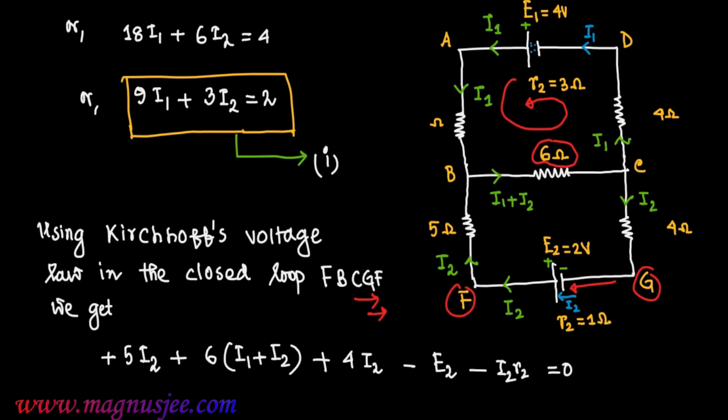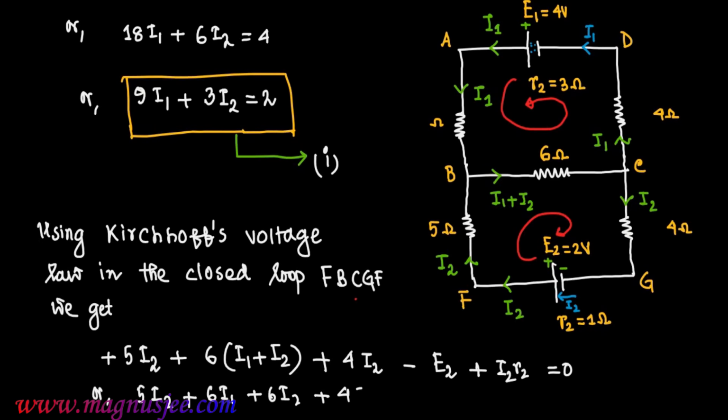We are traveling from G to F to cross the cell of EMF E2, and for that we have to cross the negative pole of the cell. That's why E2 turns to minus E2 in the closed loop FBCGF. E2 is negative. But the potential difference across the internal resistance R2 should be plus I2 R2.